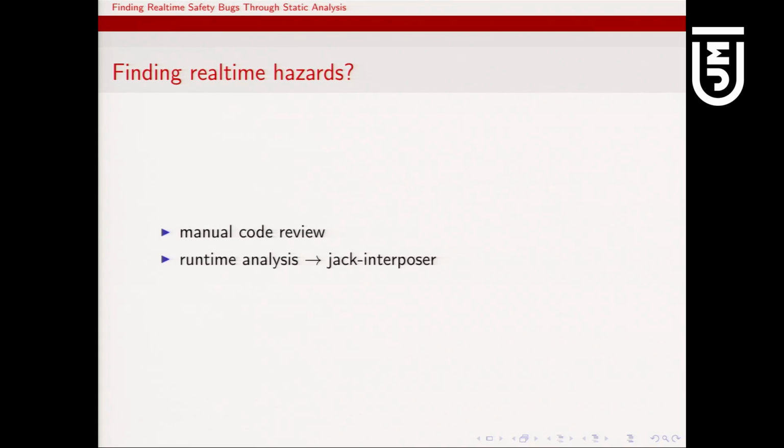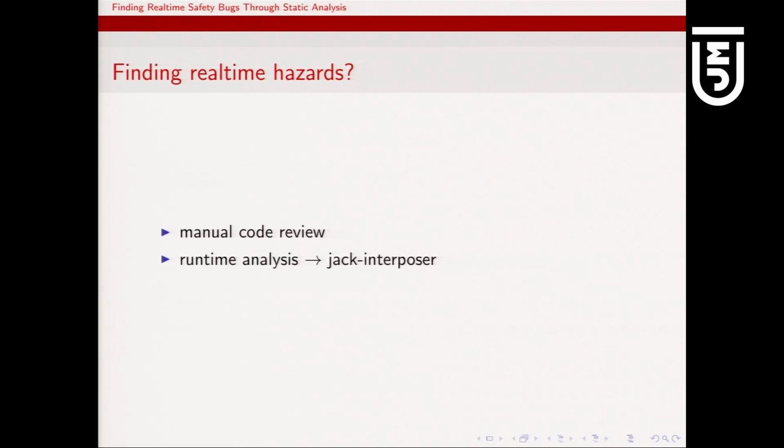Up to this point, the two primary techniques that people can use are either standard manual code review or some sort of runtime analysis to identify these bugs. For runtime analysis, you could use either GDB or the Jack interposer tool.